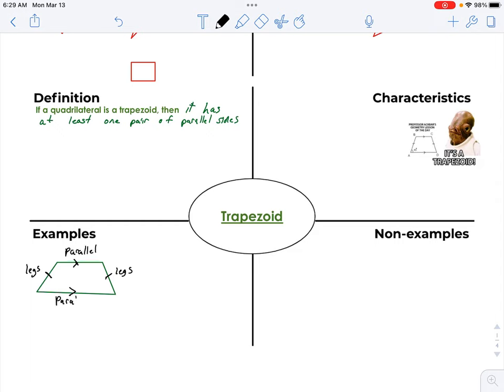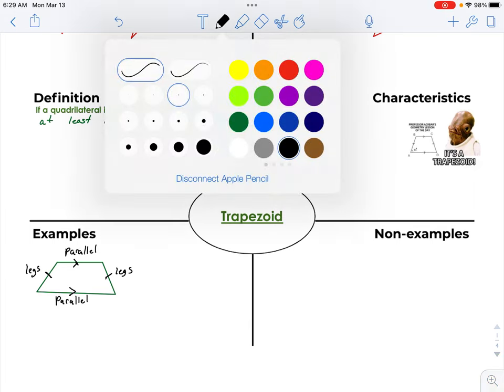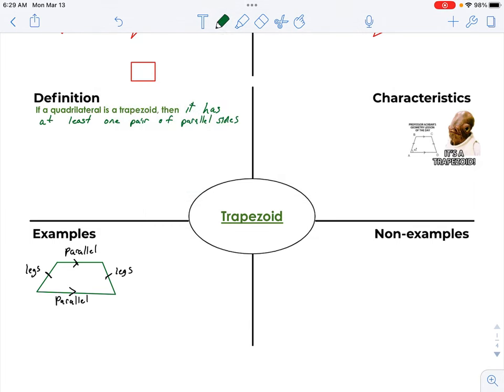Parallel. Some other examples might be something like this. You can throw some right angles in there. Okay, let me make sure I emphasize the parallel part good. There we go.